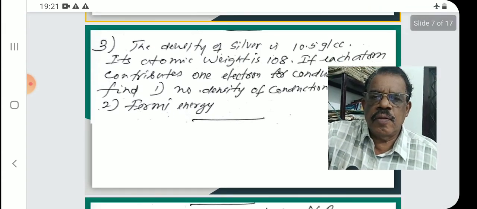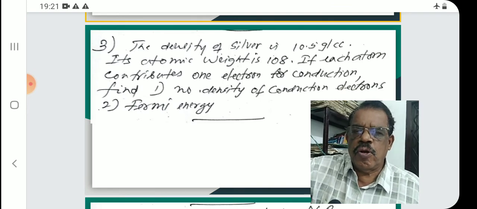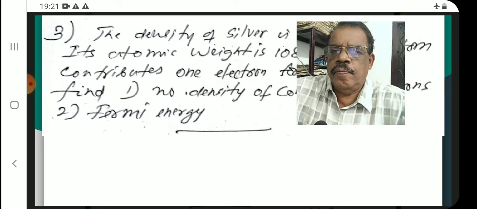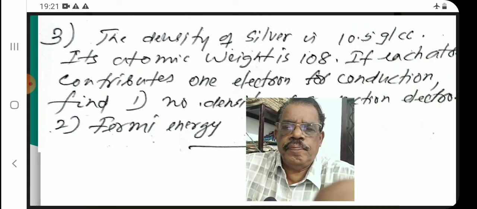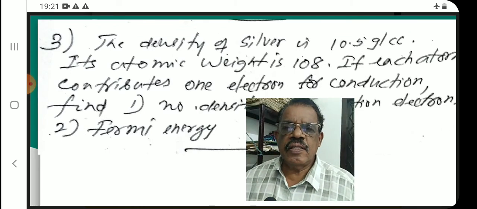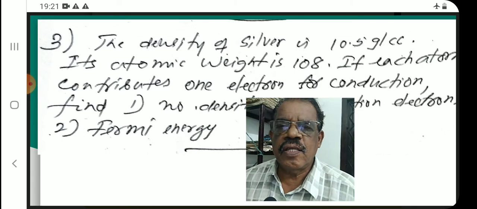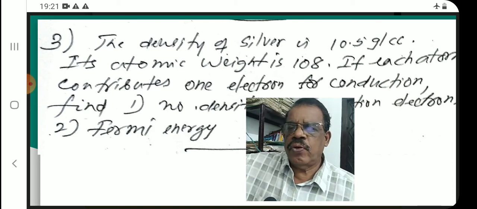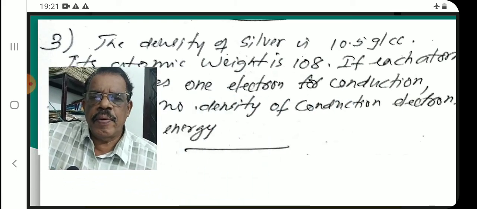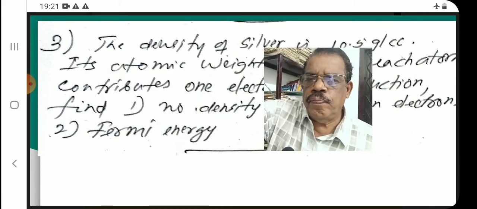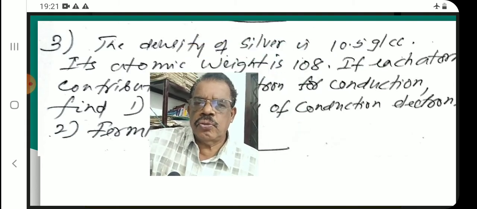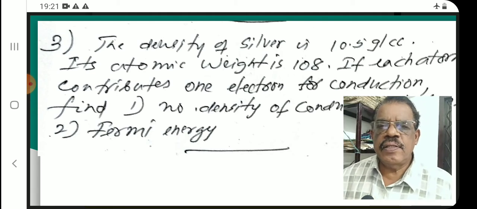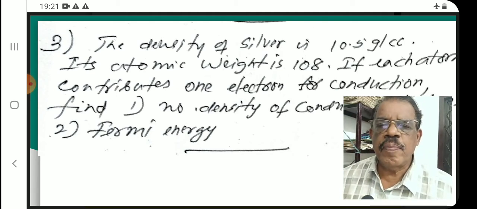Next problem. This is an important problem. It is a CSIR problem also. The density of silver is 10.5 gram per cc.